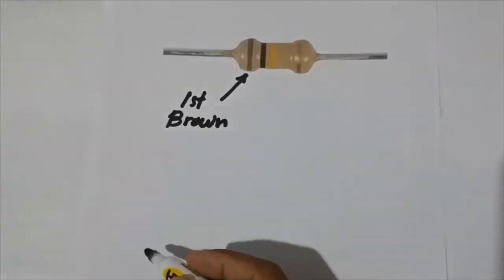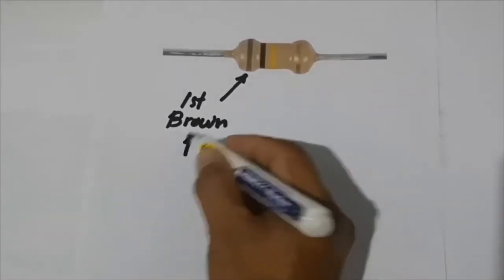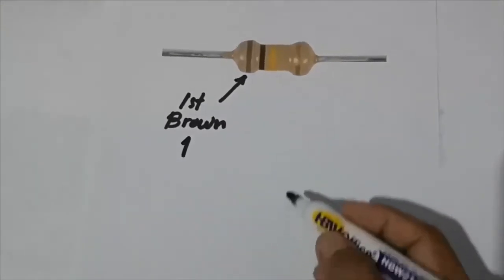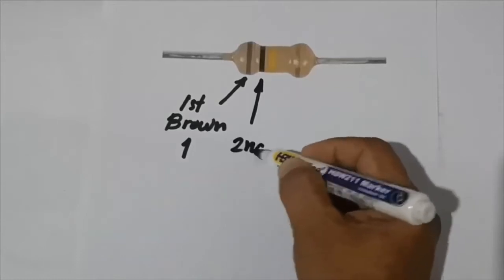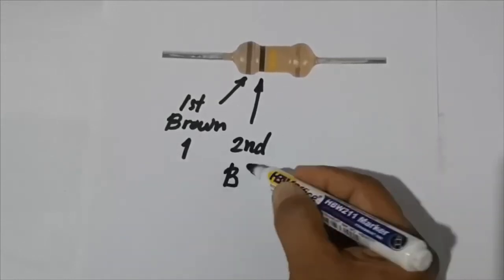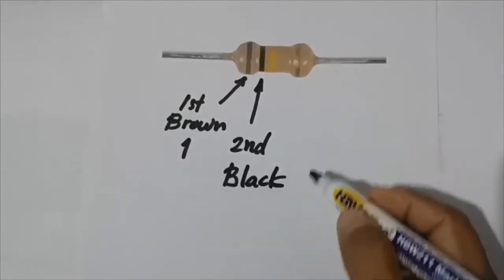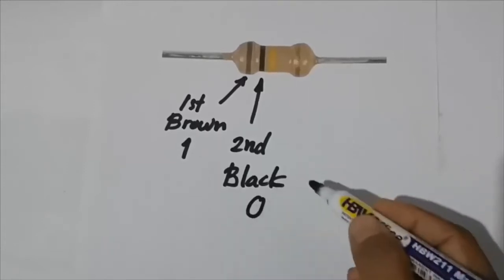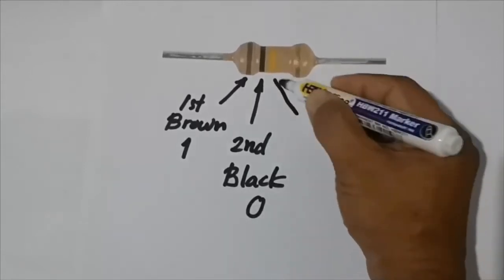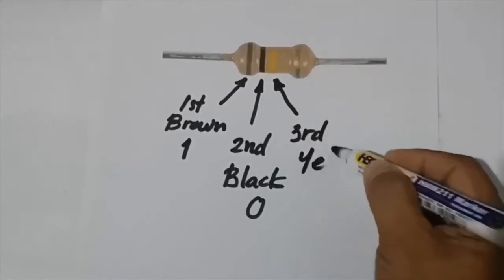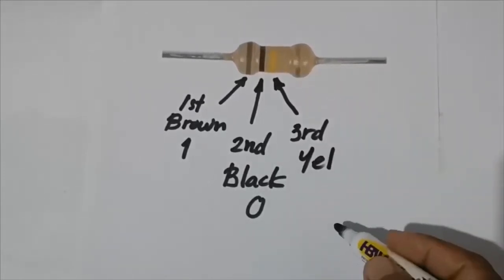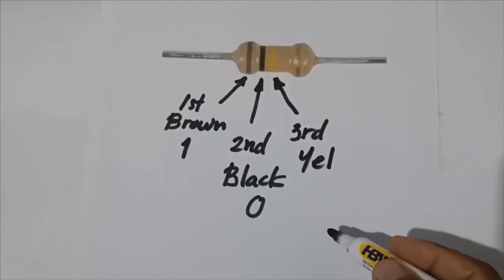The second color band is black, which is equivalent to 0. The third color band is yellow, which is equivalent to 4, but this time, as a multiplier, this is equivalent to times 10,000.